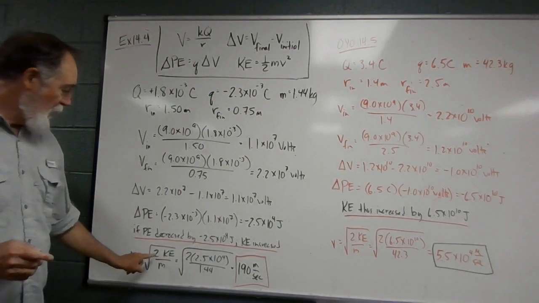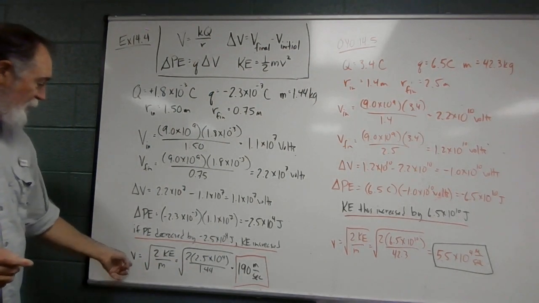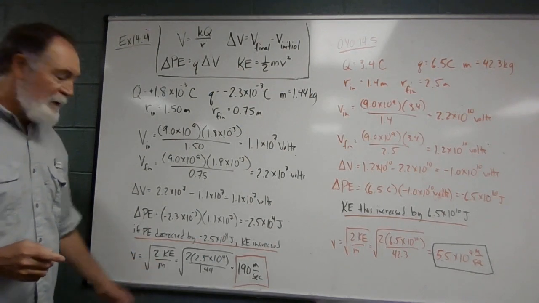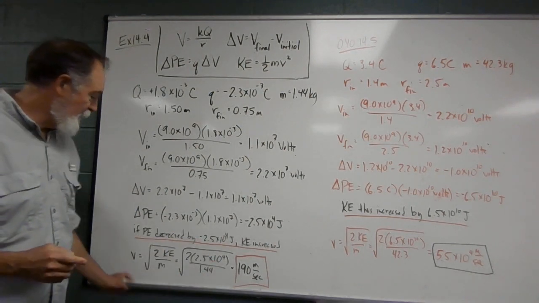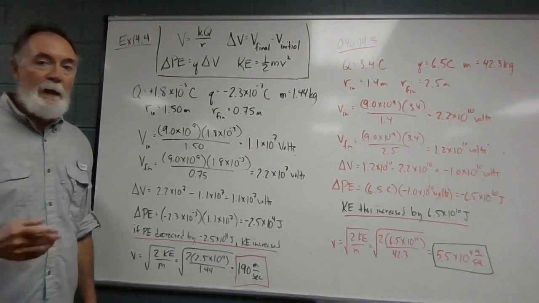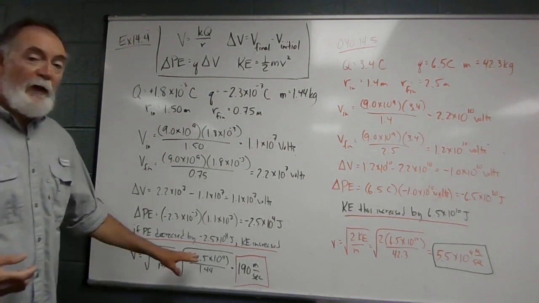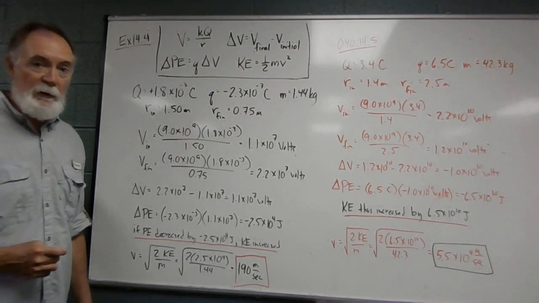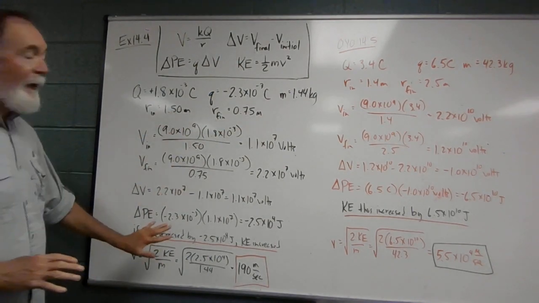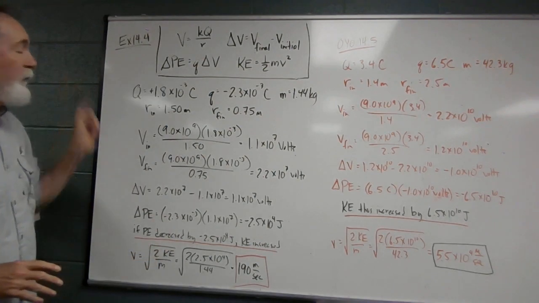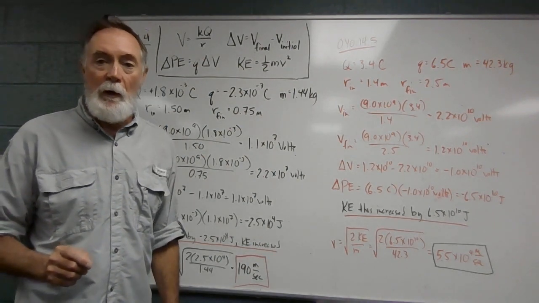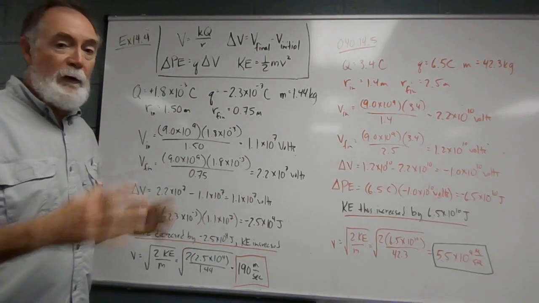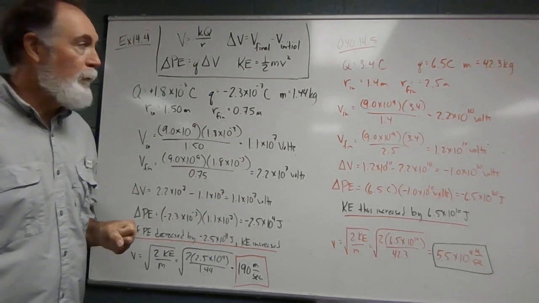So if I manipulate the equation, the velocity is going to be the square root of 2 times the kinetic energy divided by the mass. I put it in, and I find out that that particle is moving at 190 meters per second once it reaches this position from the stationary charge. So that's the first part of exercise 14.4, where we're looking for the velocity of a moving particle in relation to a stationary particle.